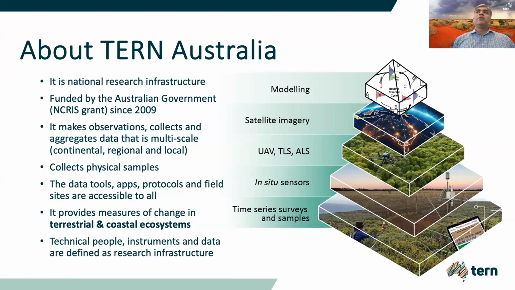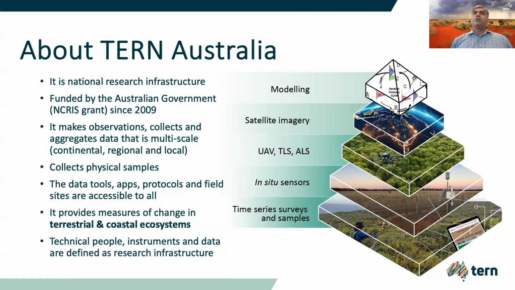The next level of observation is the regional scale. These are typically the ecological plots, 100-meter plots distributed all across Australia. We collect soil characteristics and vegetation information from these plots, as well as vegetation tissue samples and soil samples.